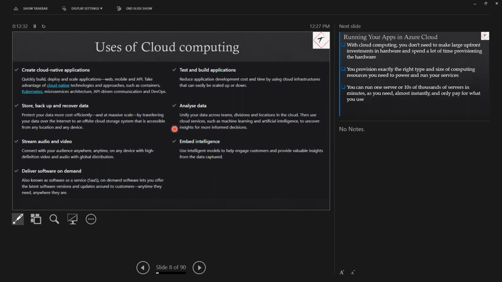So your data analysis improves, and you also have embedded intelligence. That means based on how your customers interact, it will give you valuable insights from the data it is capturing by using Azure Cloud.